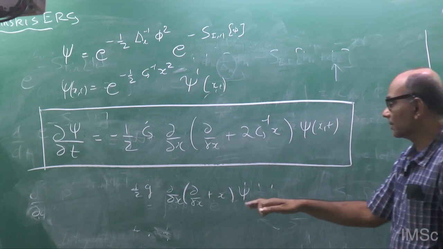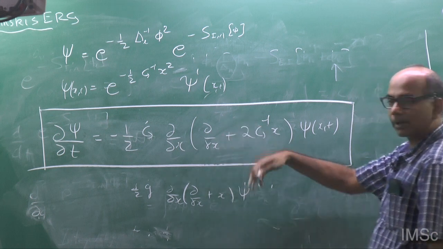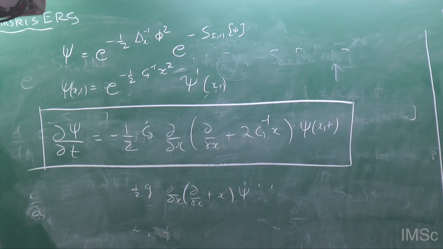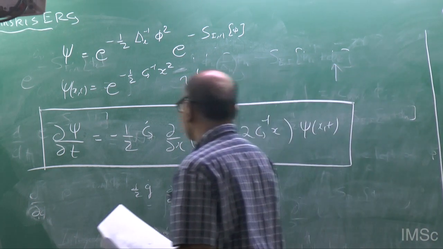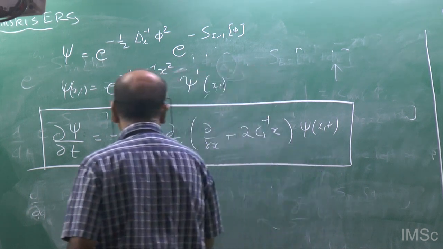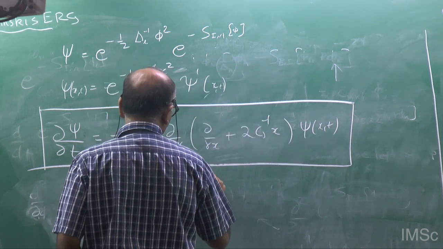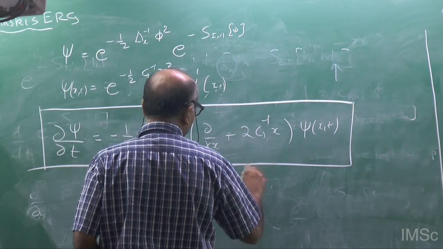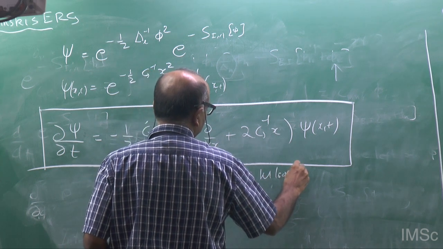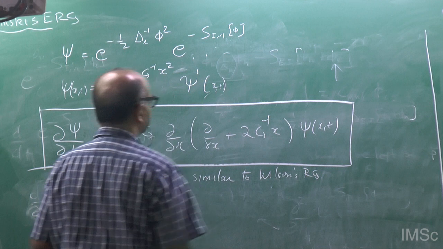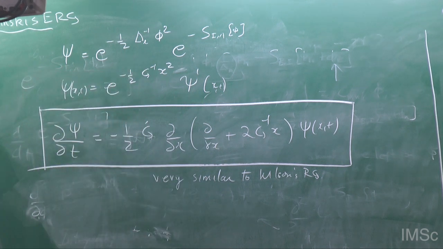In fact, you can do some change of variables and go from one to the other, which I won't worry about. Okay, so that's Polchinski's RG.